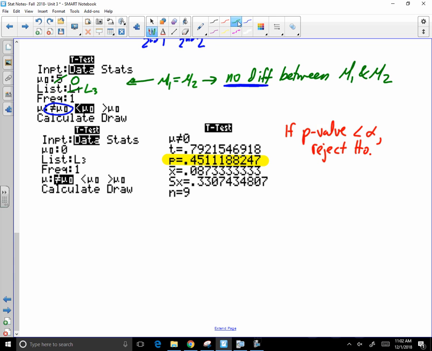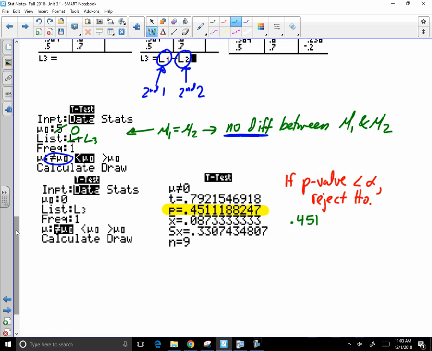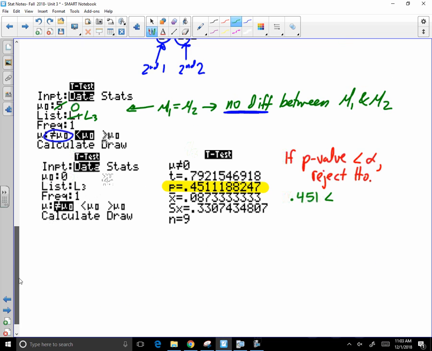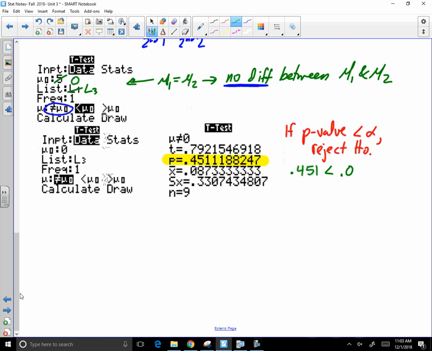All right, so my p-value is approximately 0.451. We want to know, is that going to be less than 0.05? That is definitely not the case. So no, do not reject H0.